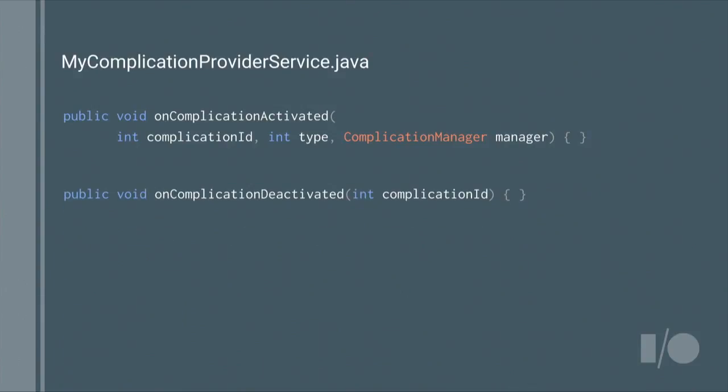They are onComplicationActivated and onComplicationDeactivated. Complications are activated when the watch face calls set active complications, and they are deactivated either by another call to set active complications with different IDs, or when the user changes watch face.